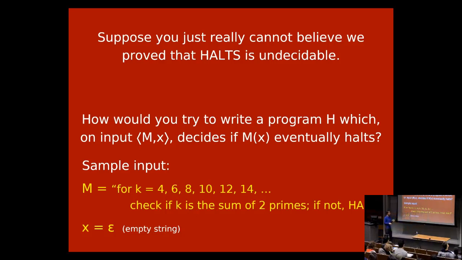So it checks if the number can be written as the sum of two prime numbers. So 4 is 2 plus 2. OK. 6, 3 plus 3. OK. 8, 3 plus 5. 10 is 5 plus 5. 12 is 5 plus 7. 14 is 7 plus 7. So it goes for a while. And if it ever finds an even number that it cannot write as the sum of two primes, then it halts.